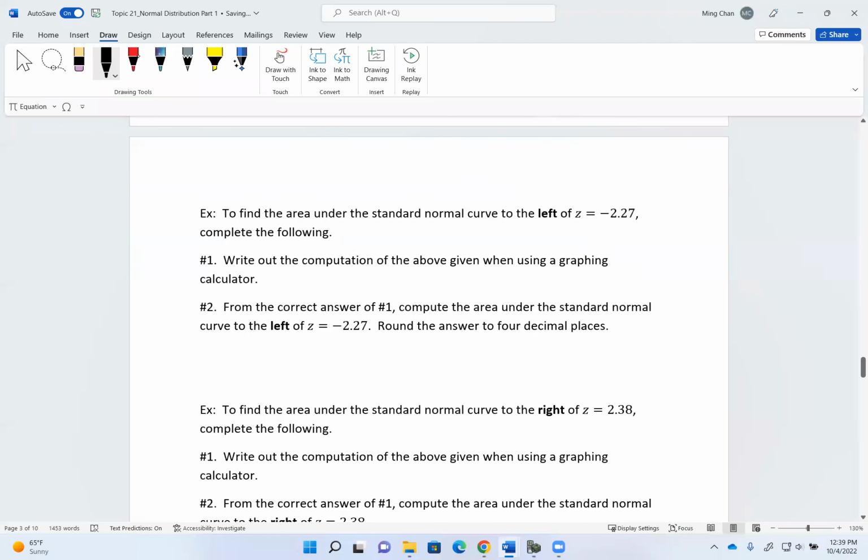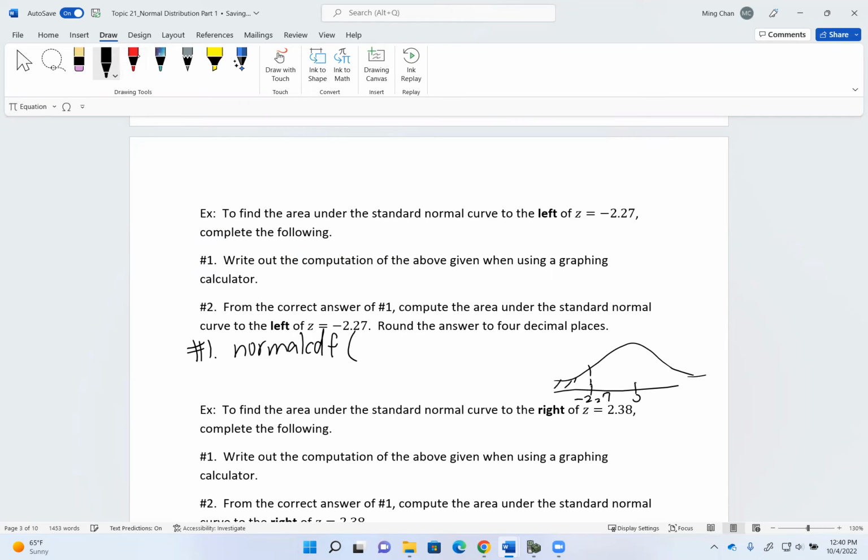All right, same exact z-score. I'm gonna use a calculator this time. So to find the area under the standard normal curve to the left of z equal to negative 2.27. So number one, write out the computation. That will be normal CDF. To the left, 0 is here, negative 2.27 is here.